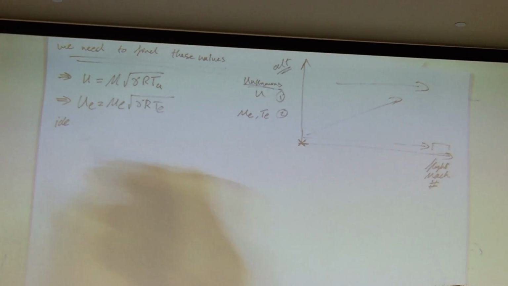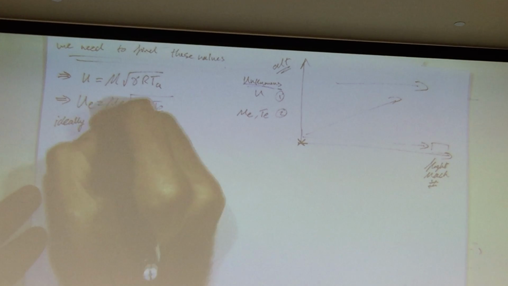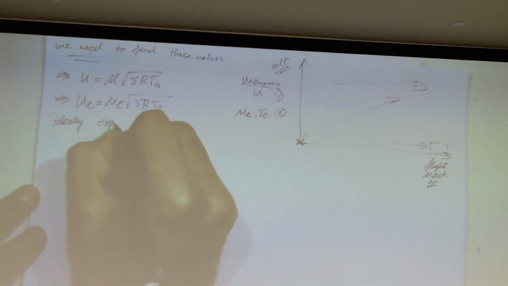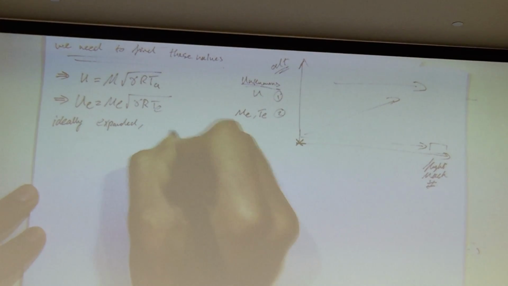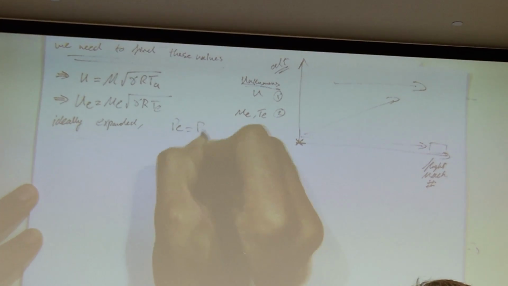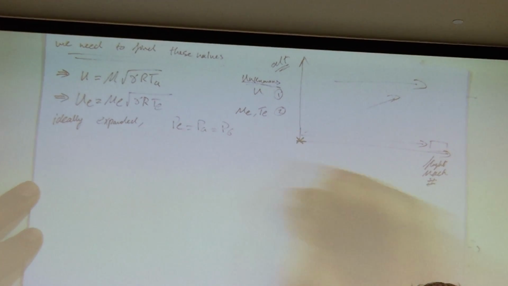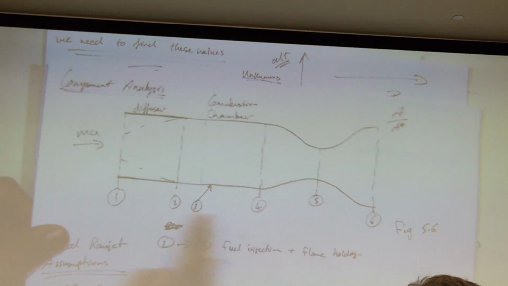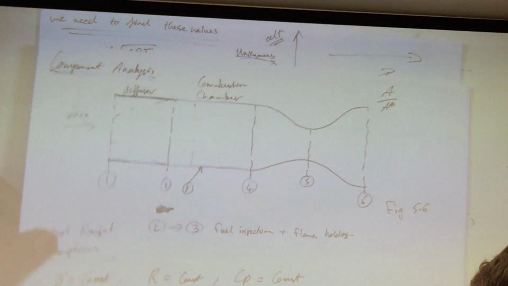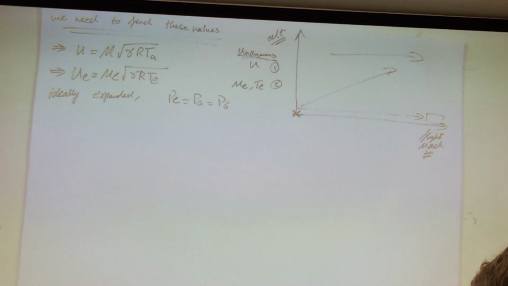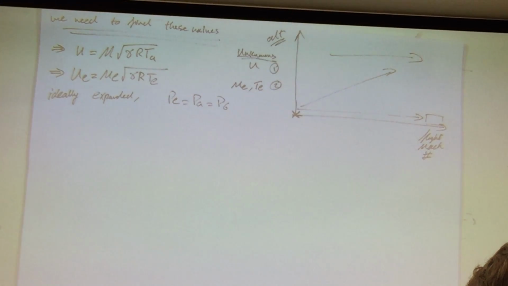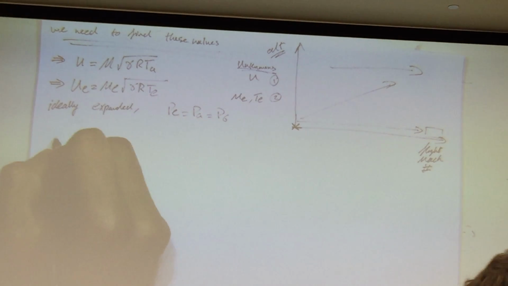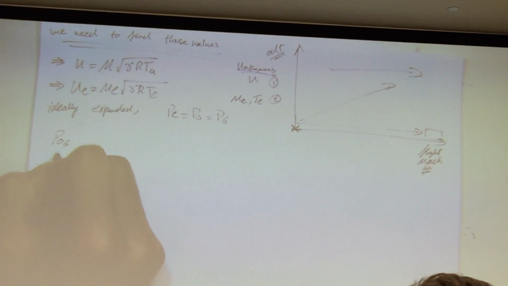This is an ideal ramjet. P exit is equal to P ambient, and it's equal to P6. Remember your stations. These are fixed stations, by the way, but P6, your exit there. So if these are equal, then I could use my isentropic relations.